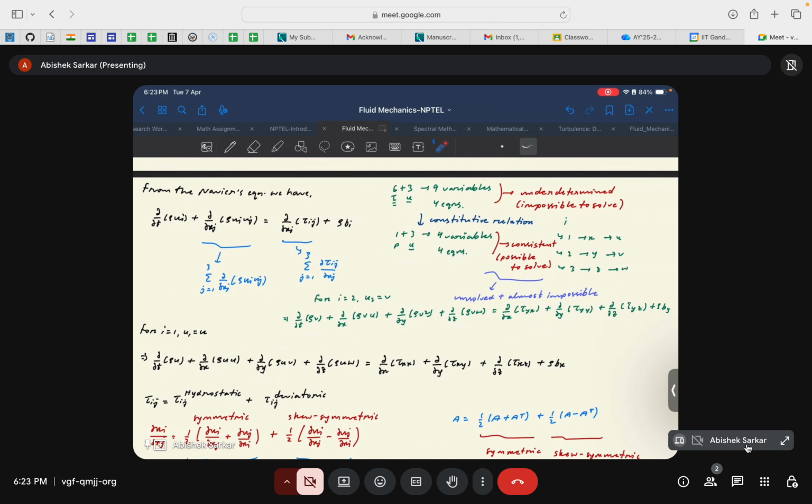We can just go ahead and solve for the stress components and then solve the equation. It is possible, you might think, but the thing is, it indeed turns out to be impossible to move ahead if you just know the stress components which are not correlated to the velocity components. Again, let us see why.